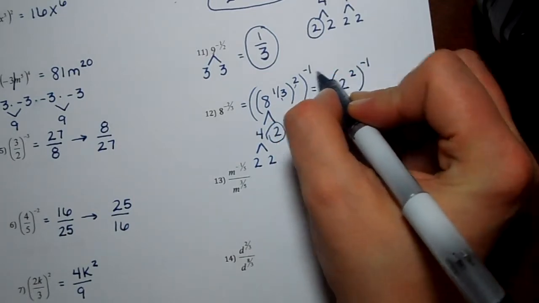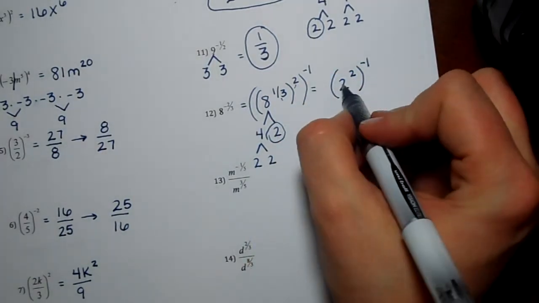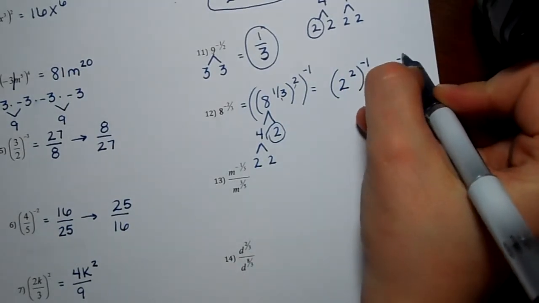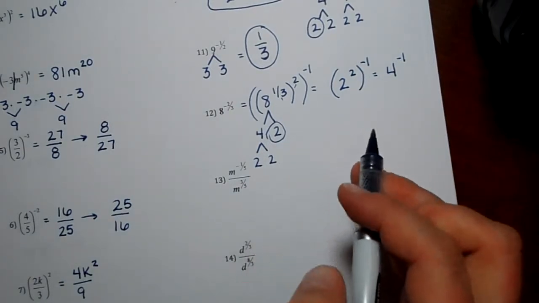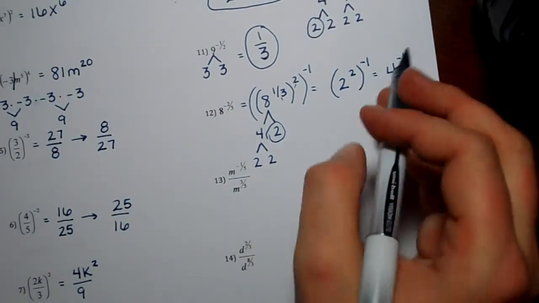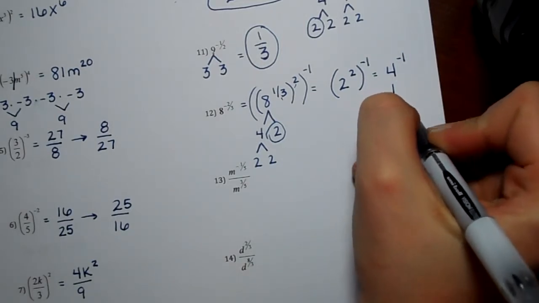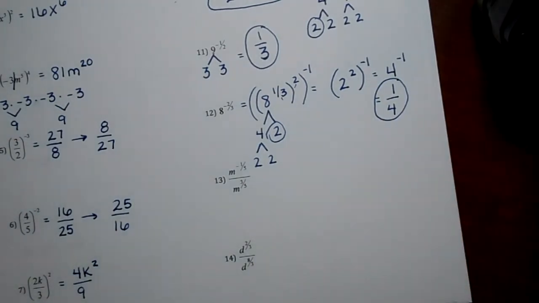And I'm just going to leave this -1 on the outside to remind myself to flip that answer over in a minute. 2 squared is equal to 4, and then of course that's still to the -1, which means I need to flip that 4 over. That 4 right now is like 4 over 1, so when I flip it over it will become 1 over 4. And that would be my final answer for that one, 1/4.